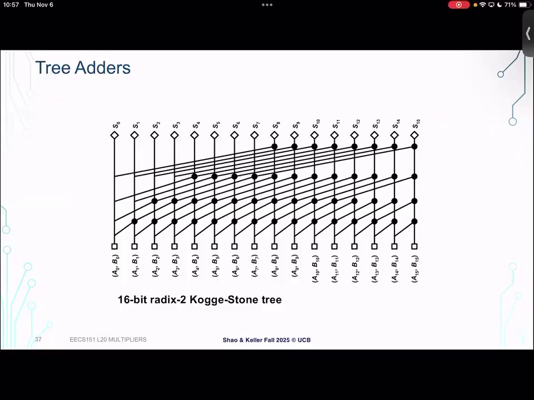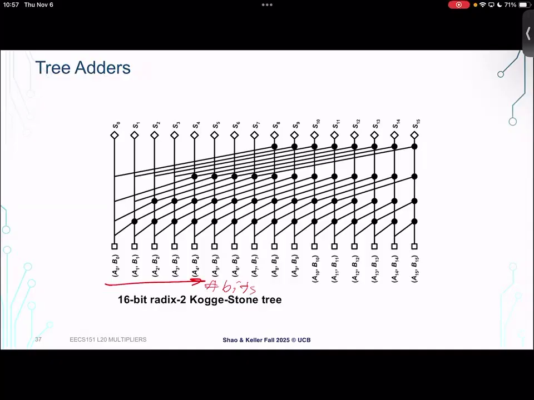When defining these arithmetic circuits, you'll often see these kinds of tree diagrams. These can be a little bewildering to look at, and you can't actually understand all of the details about a design just by looking at these, but they're intended to give you a flavor of the structure of the tree. So in these tree diagrams, this is the number of bits.